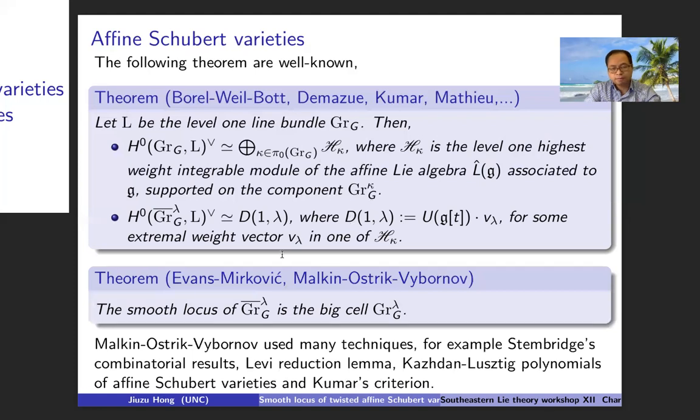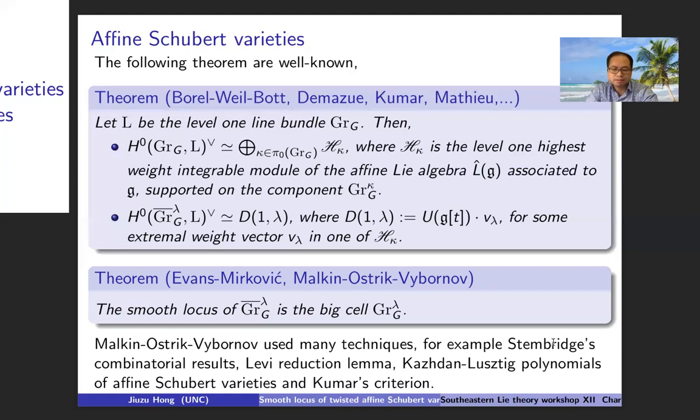Okay, and then I want to tell a theorem originally due to Evens and Mirkovic, and there is also a nice proof by Malkin, Ostrik, and Vybornov, which asserts that the smooth locus of the affine Schubert variety is the big cell, G lambda. So in the proof of Malkin, Ostrik, Vybornov, they use many techniques.